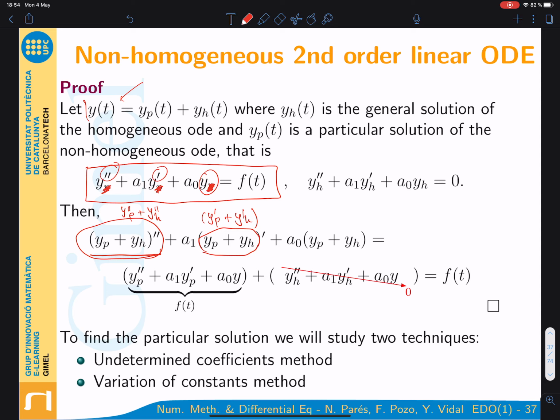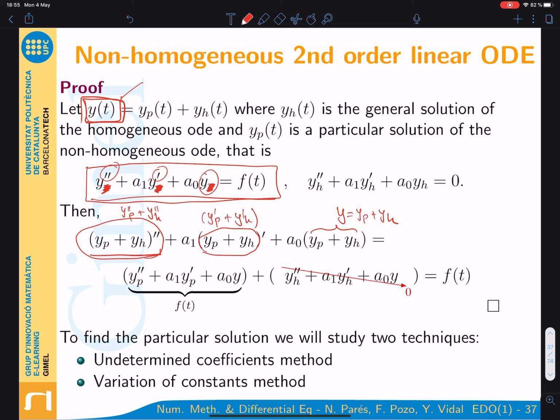Okay, we are trying to prove that this y is a solution of this ODE. So we are plugging y prime prime, y prime, and y, which is yp plus yh, into the ODE, okay?